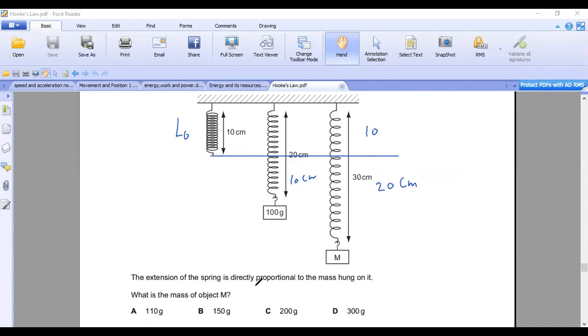So when the mass is 100, the extension was 10. What is the value of the mass which causes the spring extension to be 20 centimeters? Of course, it should be 200 grams, because we said when the load doubles, the extension also doubles. Indeed, the extension here was 10 and became 20, so the 100 grams becomes 200 grams.